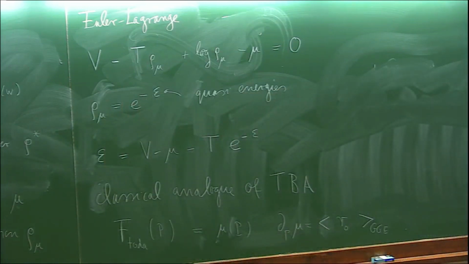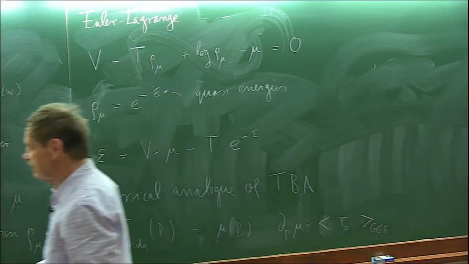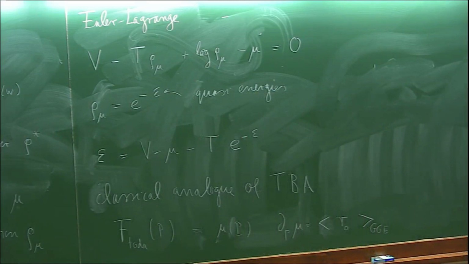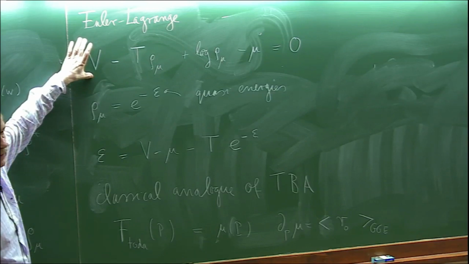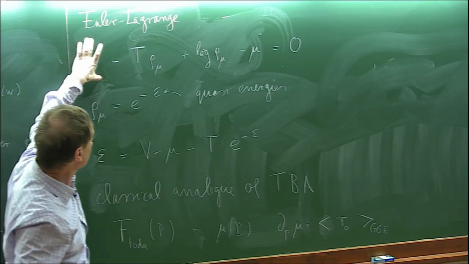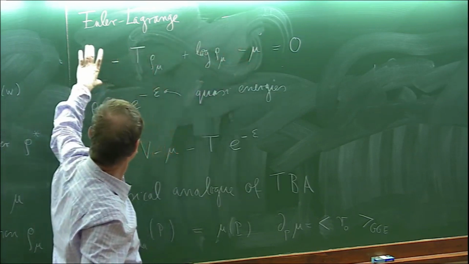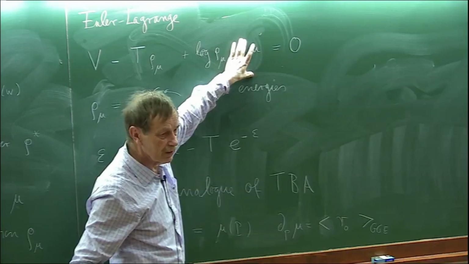So how do I compute it? Let me say the philosophy. One regards the Euler-Lagrange equation as the basic object. This is an equation, you can work with this, and so you imagine that by some methods you are able to really obtain the solutions of the Euler-Lagrange equation.